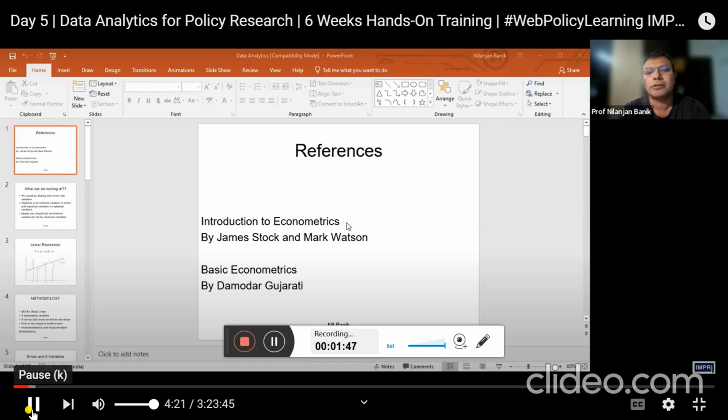These two books are quite fascinating to read and easy to understand, and I highly recommend having a look at them.